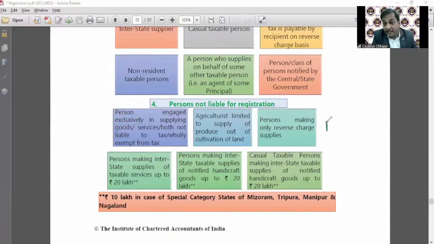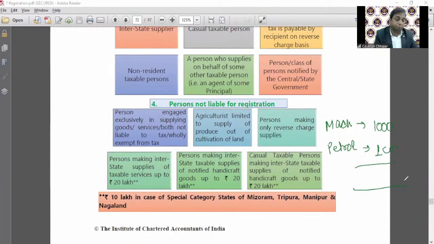Machine oil is taxable, and the value is only 1000, and the petrol, which is not covered in GST, is 1 crore. The simple point is whether I am exclusively engaged in non-taxable supplies. The answer is no, because you are making the supply of machine oil, which is taxable. Therefore, I have to take registration.